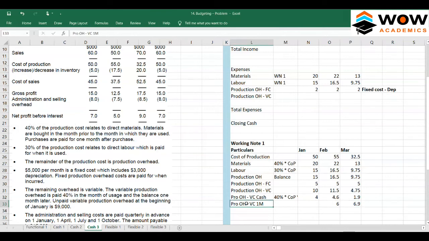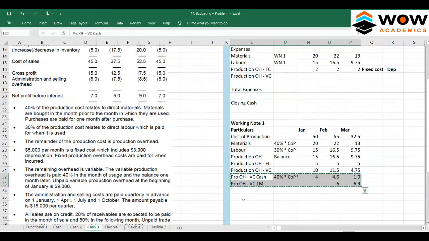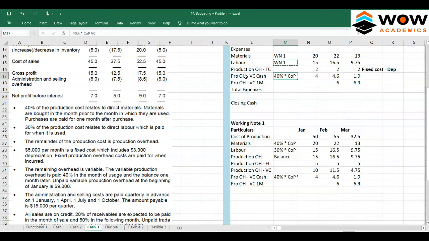So we can copy both of these and paste it here. These are coming from working note 1.